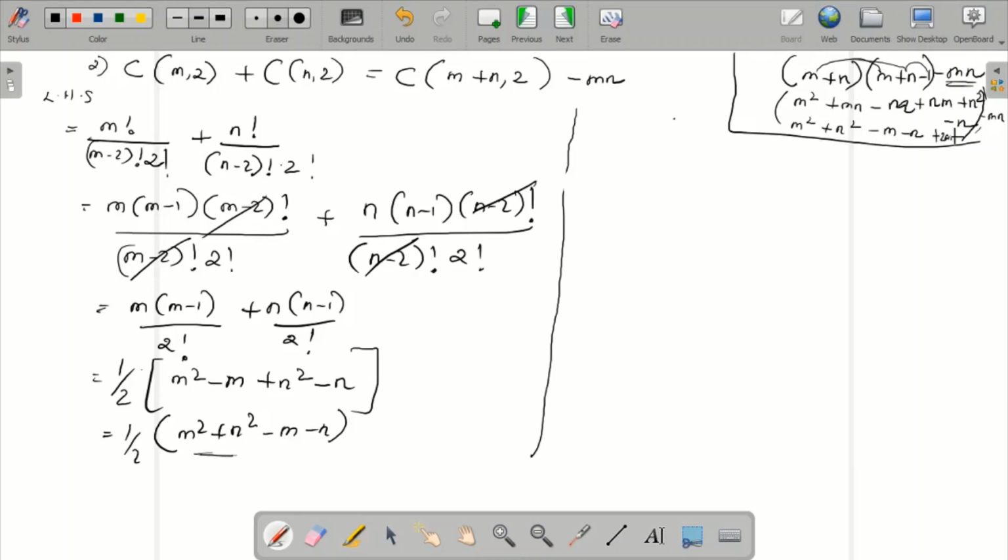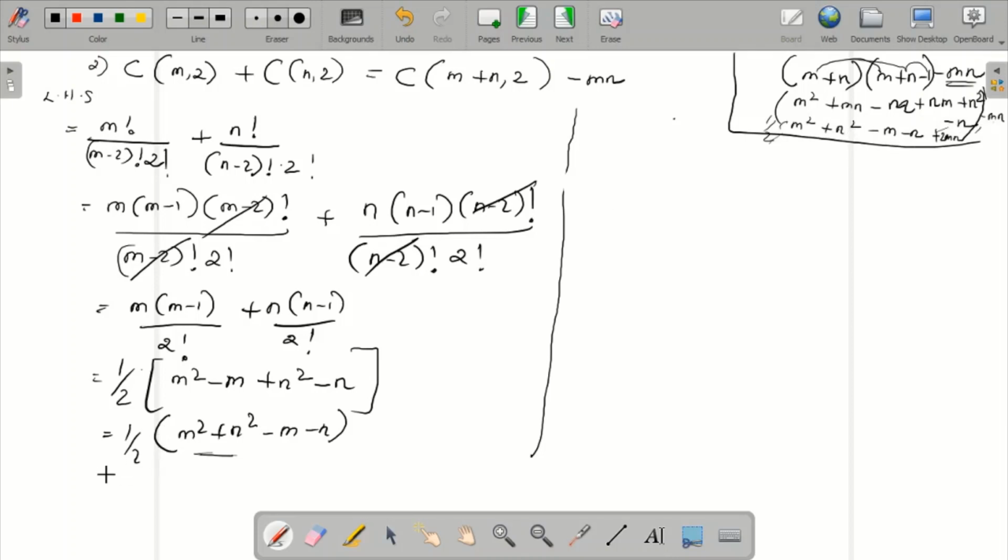Then you have 2mn, minus mn. So when you compare over here, if you just replace, half is over here. When you multiply this plus 2mn, this gets cancelled, and that mn and this mn get cancelled. Left out is just this term itself.